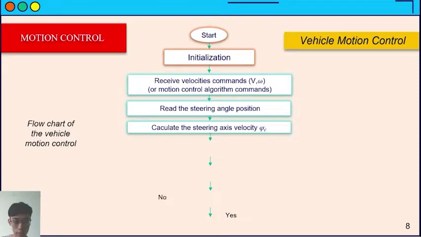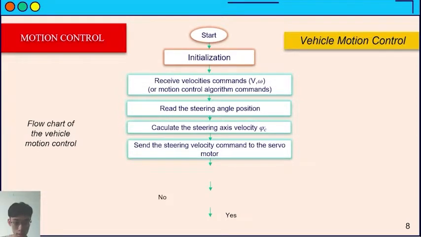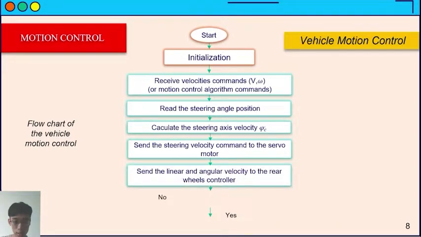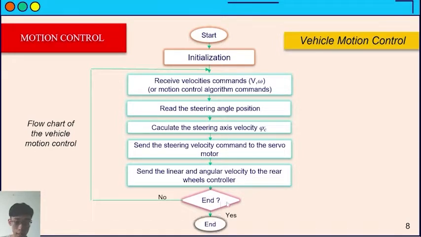Calculate the steering axis velocity phi c. Send the steering velocity command to the servo motor. Send the linear and angular velocity to the rear wheel controller. If it's not the end, it will repeat from step 3. And if yes, it goes to the end.